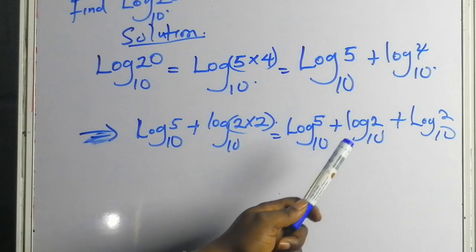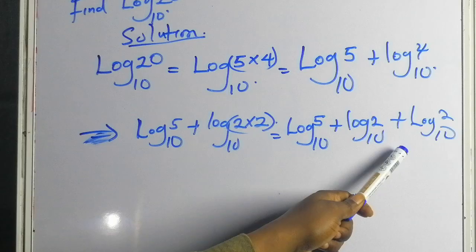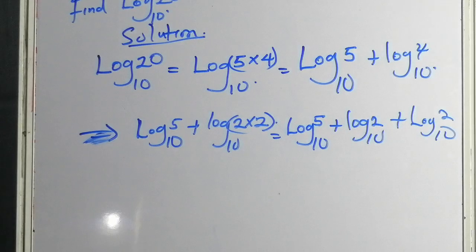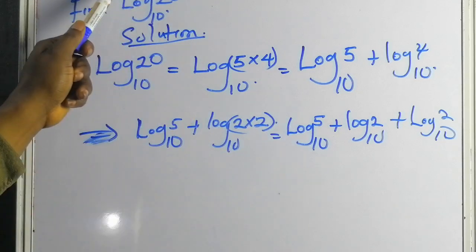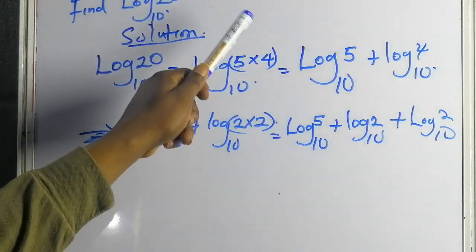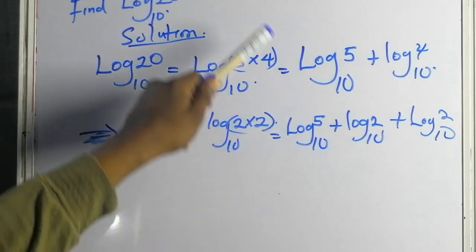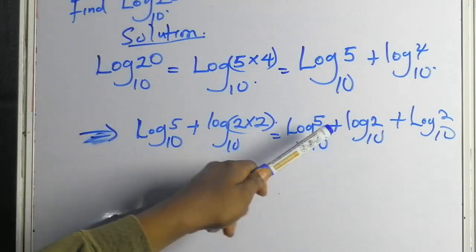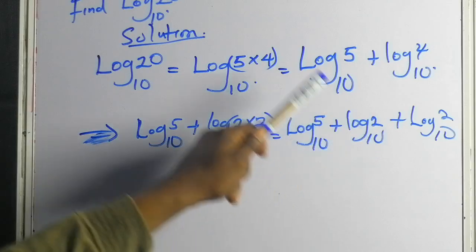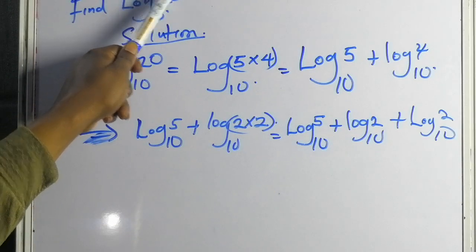So now you can see that this is still the same thing. If I pick log 10, 2 times 2 is 4. They are very, very simple. So what do you now do? You replace it with what we have here. In the question, they're giving us log 5 base 10. Instead of writing log 5 base 10, put 0.17. Instead of writing log 2 base 10, put 0.15.